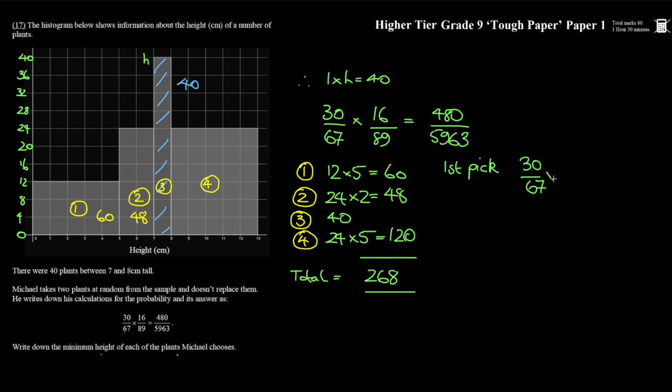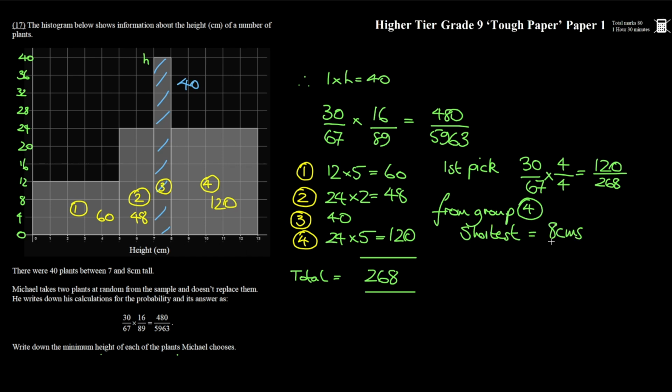So if I multiply his probability, both top and bottom, by 4, I'll preserve the ratio, but I'll bring the denominator up to 268, which is the total number of flowers that we've got. 4 times 30 is 120, and that must have come from the 4th group. And the smallest length is equal to 8 centimetres. So he could have picked a bloom of 8 centimetres.